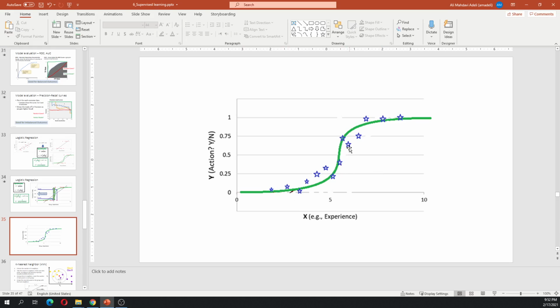So the prediction would be 1 for all of these, 0 for all of these. That is 8 out of 14 assigned 0, and 6 out of 14 assigned 1.